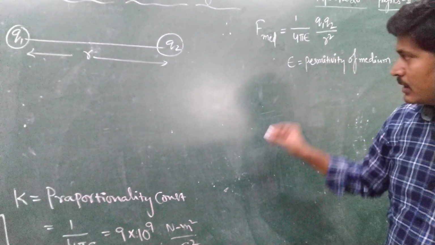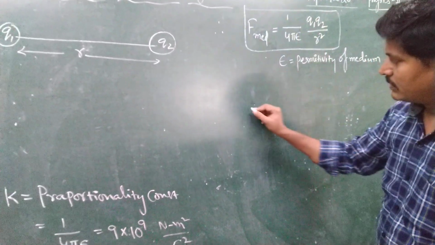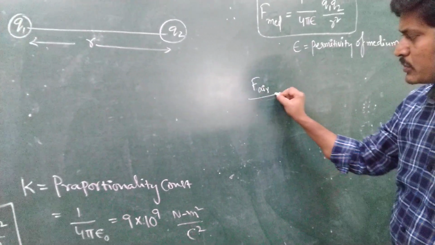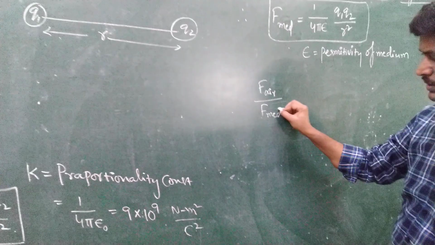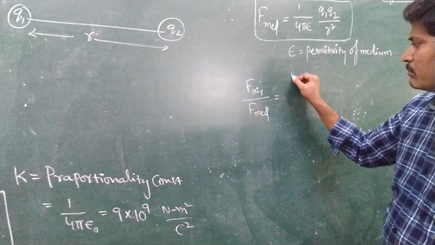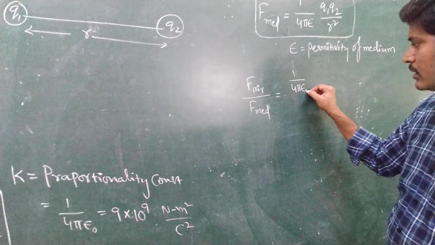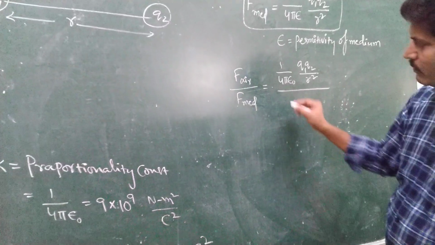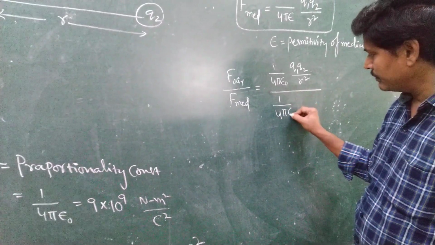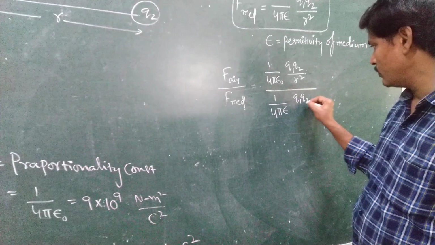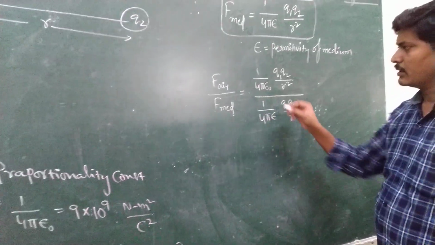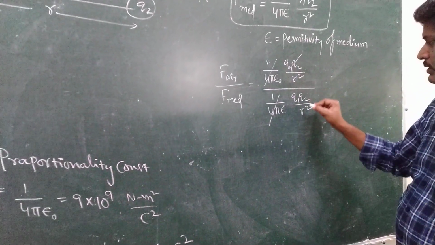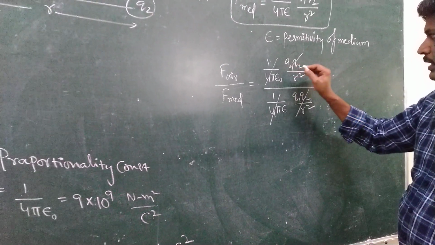So when we calculate the ratio, that is the force between two charges in air by the force between two charges in the medium, that is equal to 1 by 4 pi epsilon naught Q1 Q2 divided by R square, by 1 by 4 pi epsilon into Q1 Q2 divided by R square. Here 1 by 4 pi cancels, and Q1 Q2 by R square cancels.